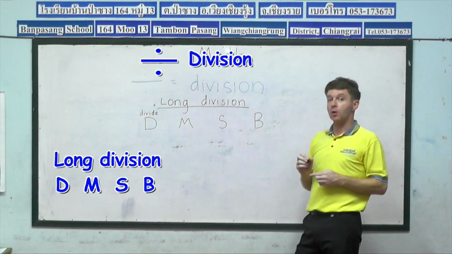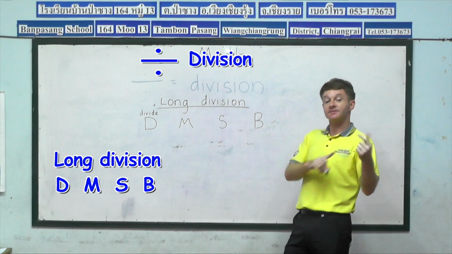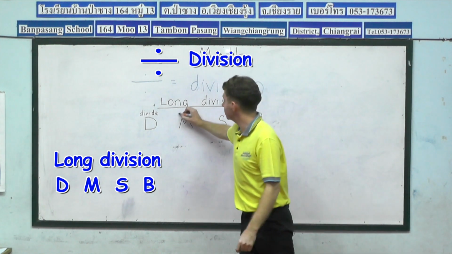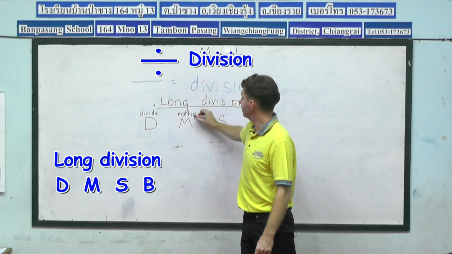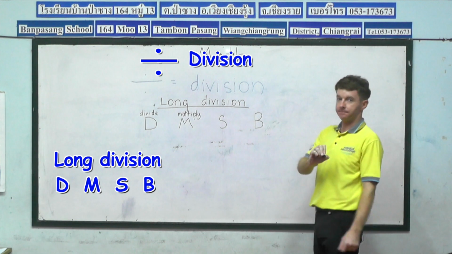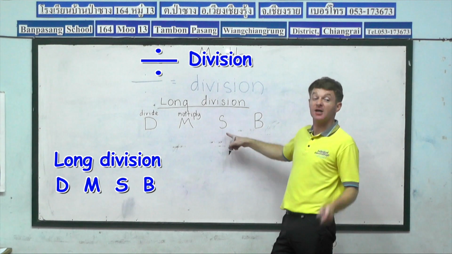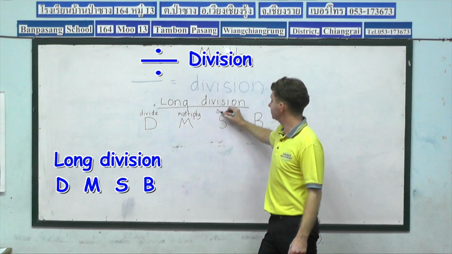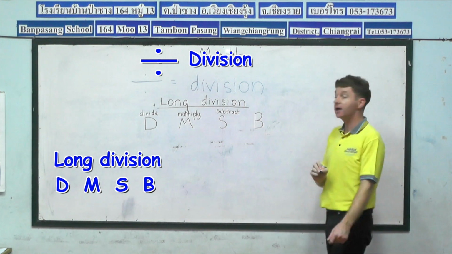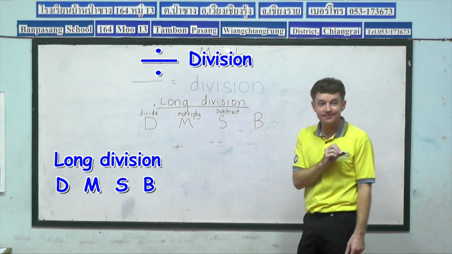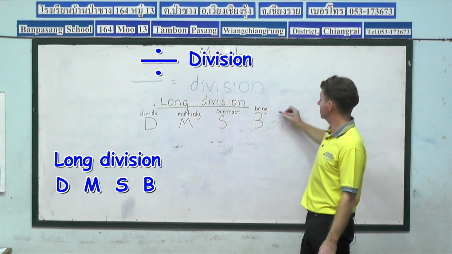The first thing we do with long division is we divide. Then, thinking back to previous lessons, M for multiply. M-U-L-T-I-P-L-Y. Divide, multiply, S, subtract. S-U-B-T-R-A-C-T. Subtract. And then finally, bring down. B-R-I-N-G.